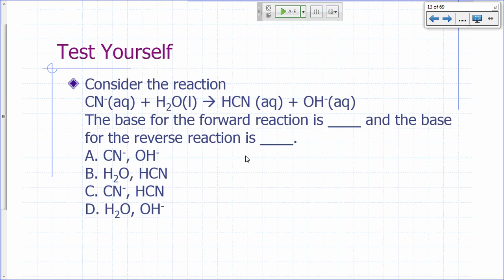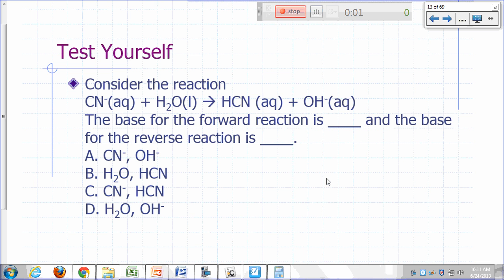Let's try this one. Cyanide plus water gives you HCN plus hydroxide. What is the base for the forward reaction and the base for the reverse reaction? What's the base? That's the proton acceptor, right?